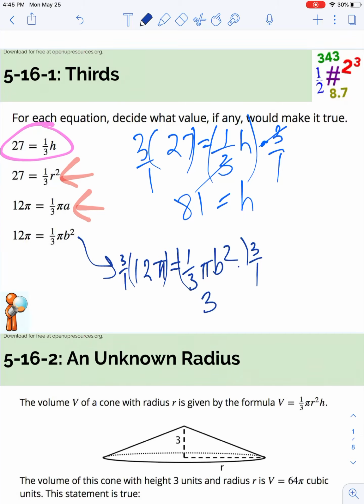So you get 3 times b squared equals 12 times 3, 36. We divide by 3, divide by 3. 12 equals b squared.